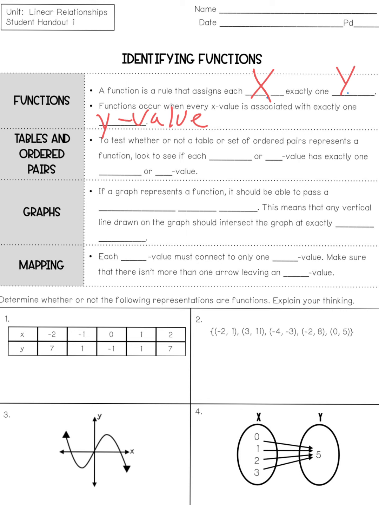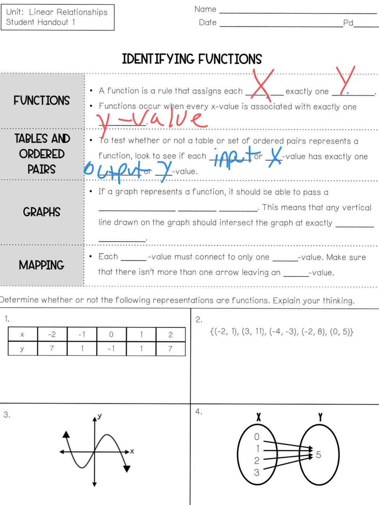Now, on the side over here, you'll see it says tables and ordered pairs. When you are using a table and ordered pairs to test whether or not it represents a function, look to see if each input, or x value, has exactly one output, or y value.